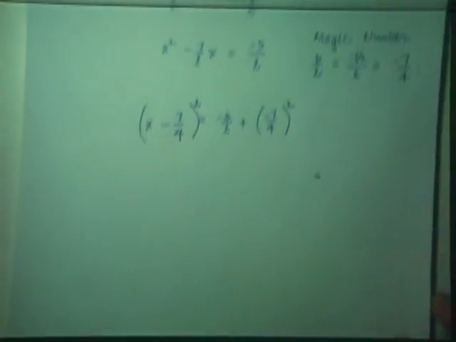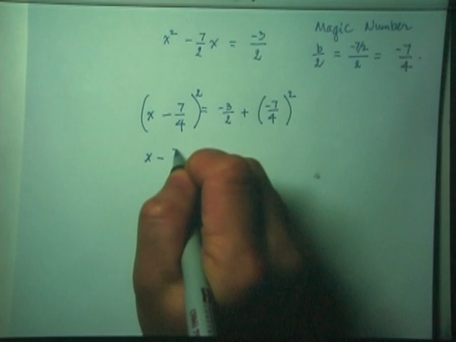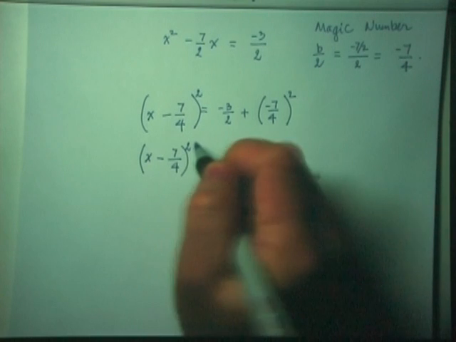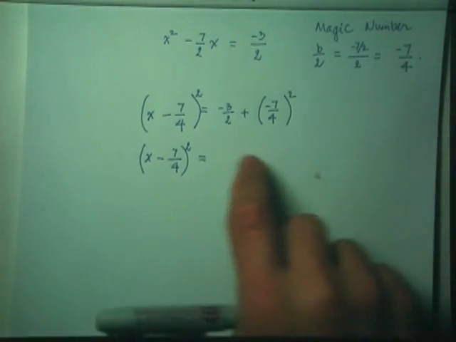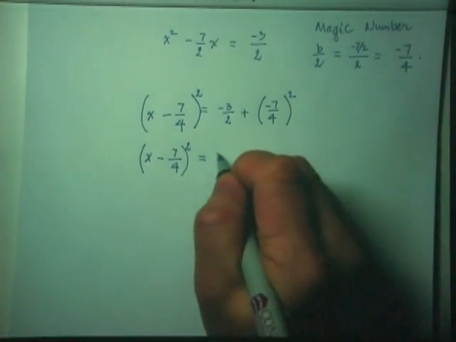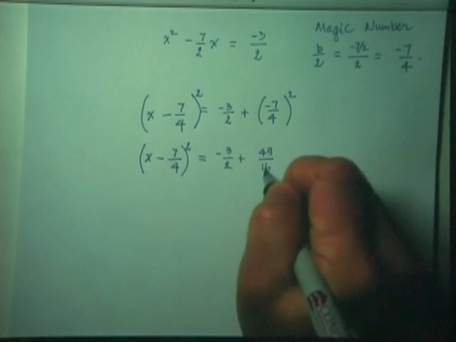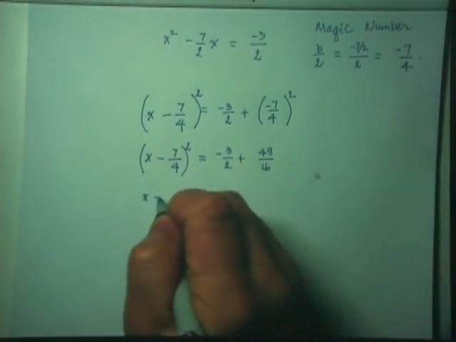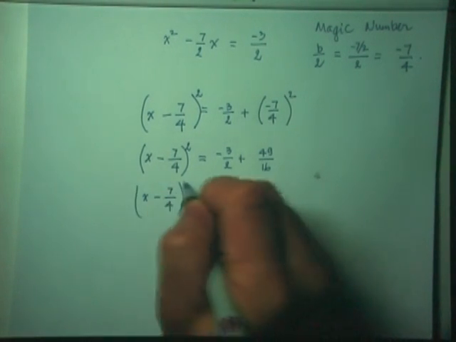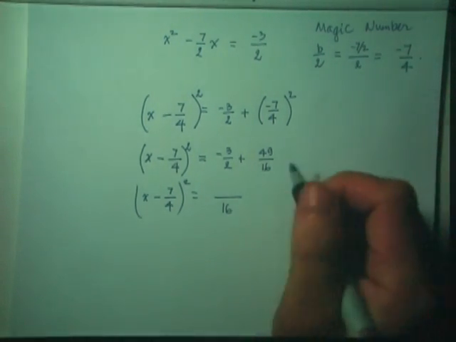So your equation, after clearing it up, and once again, if you're shaky with your fraction skill, make sure you check out my other videos for how to operate with fractions. But here, after you finalize all the work, it's going to be minus 3 over 2 plus 49 over 16. And so, adding the two fractions on the right-hand side, that would give me a 16 overall.